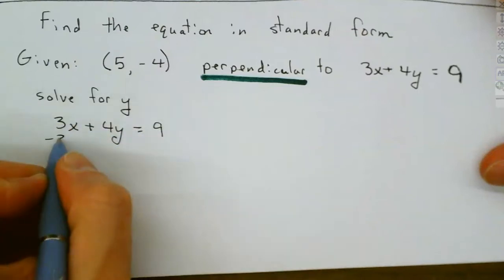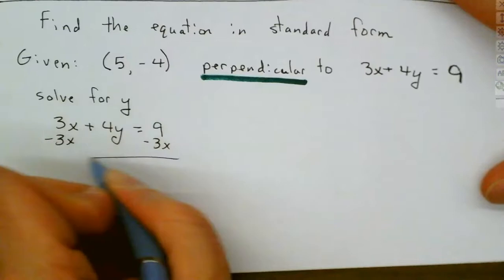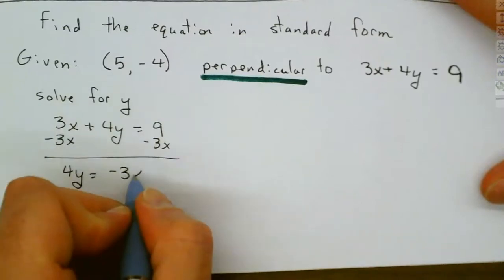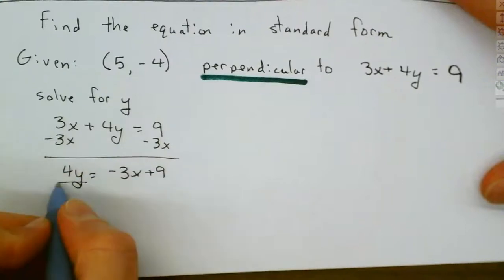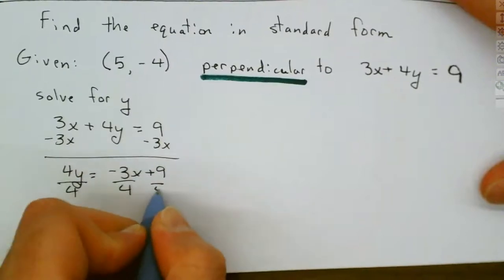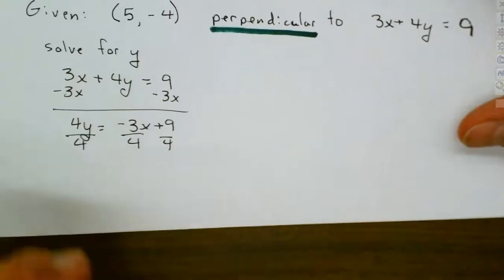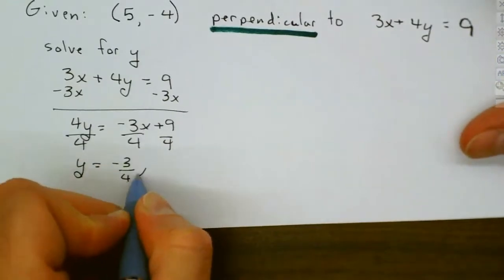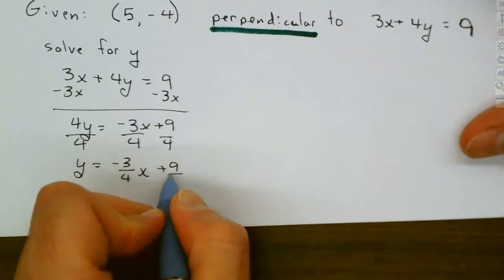So move that 3x over. So 4y equals now minus 3x plus 9. Divide by your 4. And we have now y equals minus 3/4 x plus 9/4.